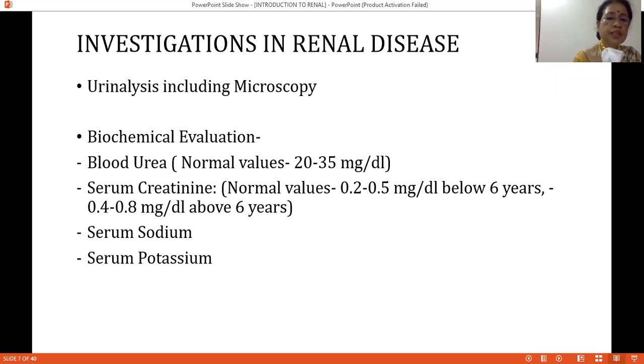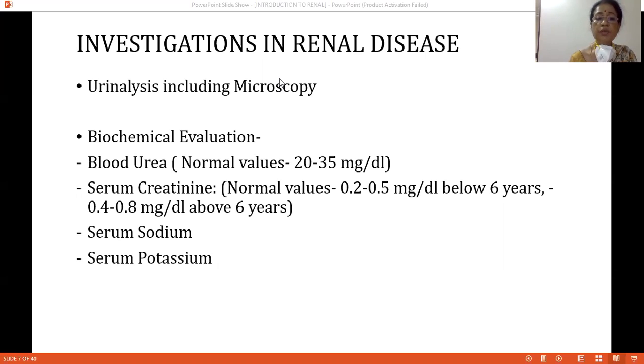Then biochemical evaluation. Always you have to check kidney function, the excretory function. So you have to see the blood urea. The normal blood urea value is 20 to 35. If you know the normal things, then you can compare with the abnormal things, so always remember the normal value. Then the serum creatinine.